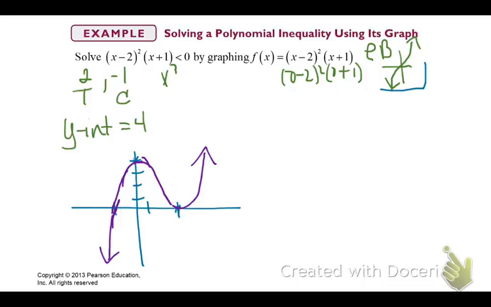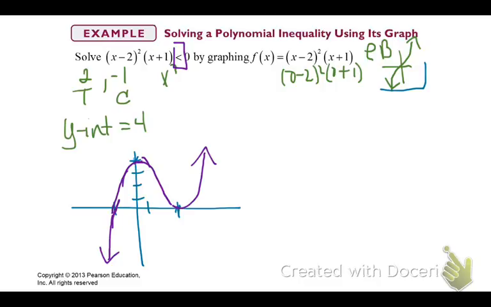So let's go back to our original inequality. We wanted to know when this is less than 0. We want to know the x values that will make this polynomial less than 0. And we're referring to our y values, right? So if I'm looking at my coordinate plane, where are my y values less than 0?